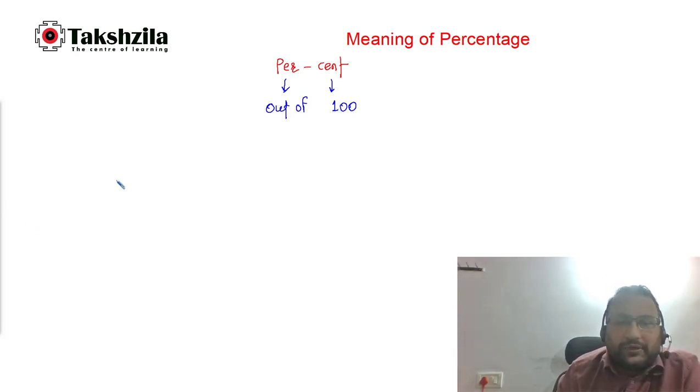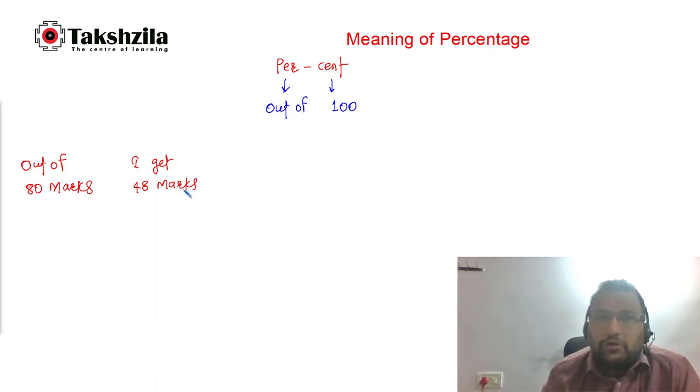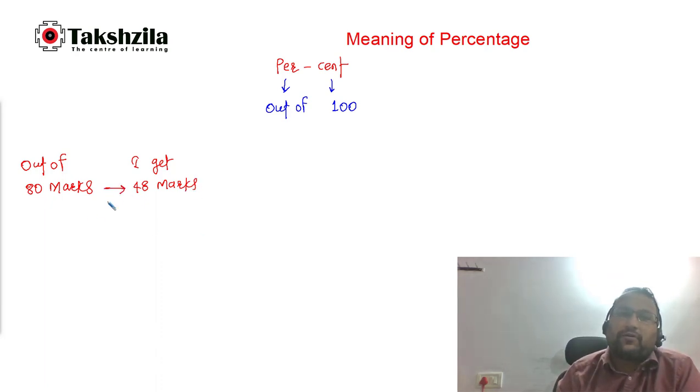The first example, let's say in a certain examination, if I get 48 marks out of 80 marks, then how many percentages will I get? So out of 80 I got 48 marks.